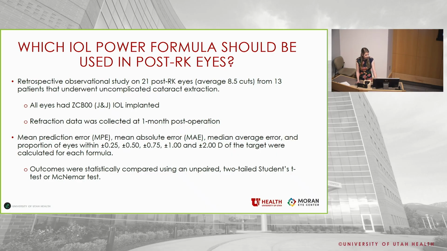And then, again, just like Sam's data, we did mean prediction error, mean absolute error, median absolute error, and then the proportion of the eyes within a quarter of a diopter, half a diopter, 0.75, 1 and 2 of the target. And then we did unpaired two-tailed t-testing.